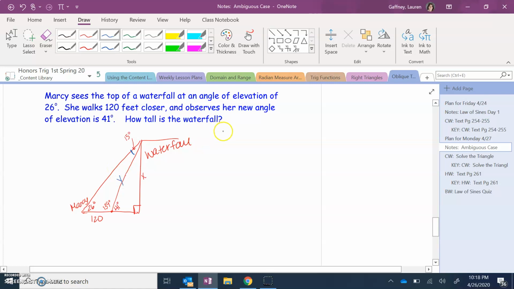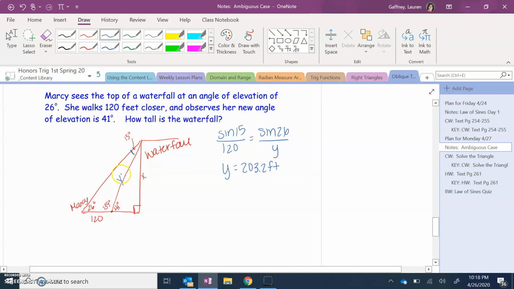Okay? So sine of 15, because look, I have an angle across from a side, over 120, equals sine of 26 over y. Cross multiply and solve. So maybe pause, take a minute, and solve for that. You would get 203.2 feet.